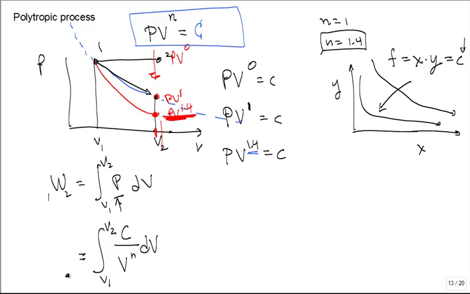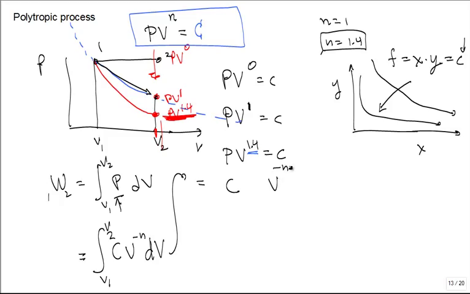Okay, that's the first good step. Now, is that equal to C times V to the minus N dV? True? Okay. Integrate V to the minus N. What do you get?